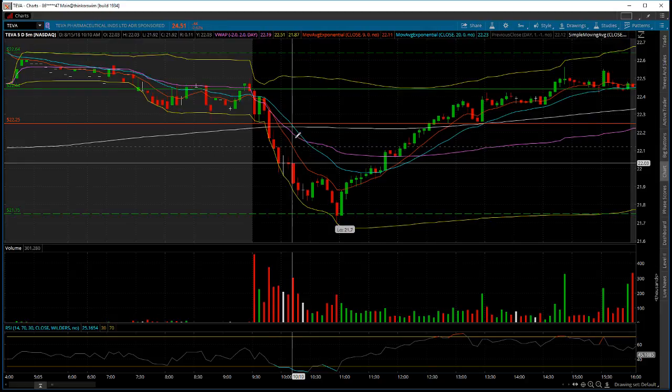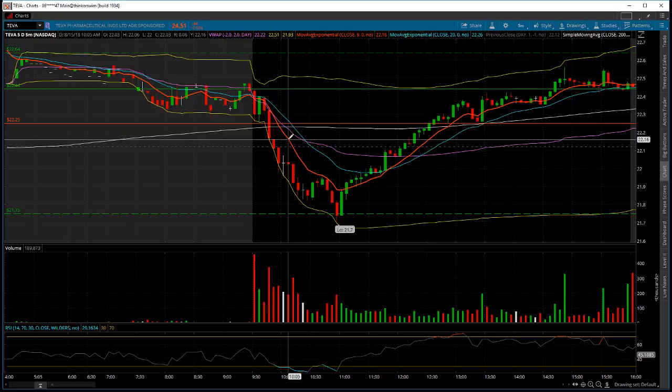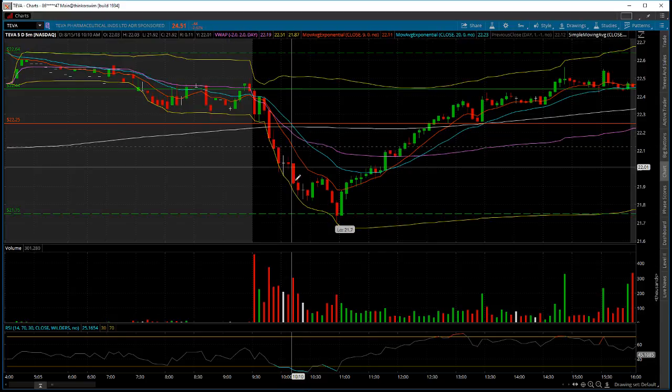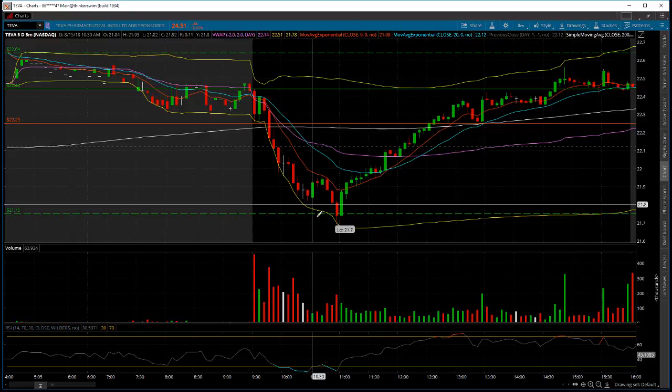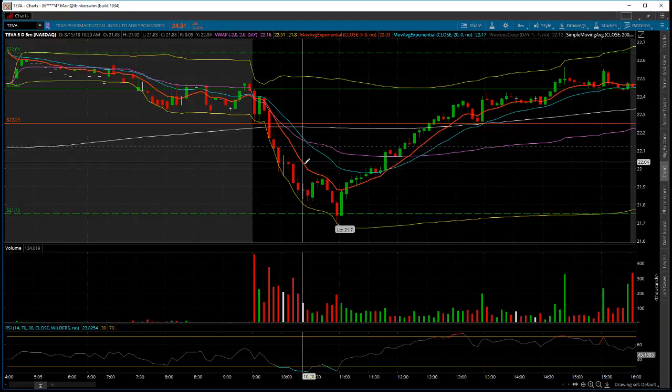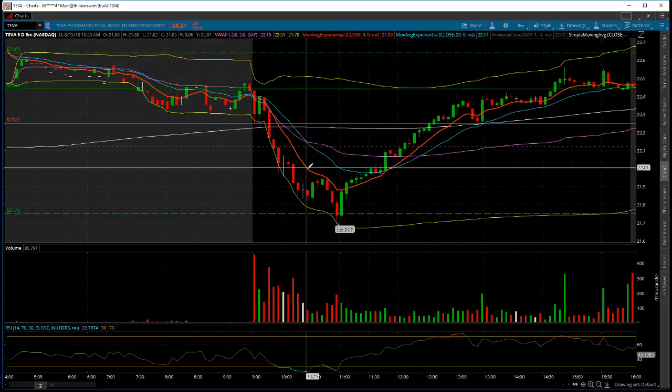As it starts to work, the 9 is usually going to be following it. You're going to use the 9 as your guide. Once the trade starts working and you're waiting for it to hit your target, you want to use the 9 moving average as your guide.